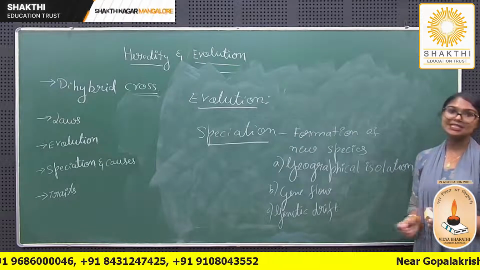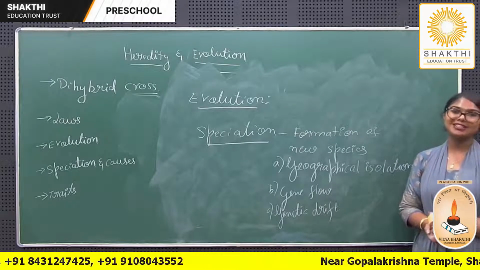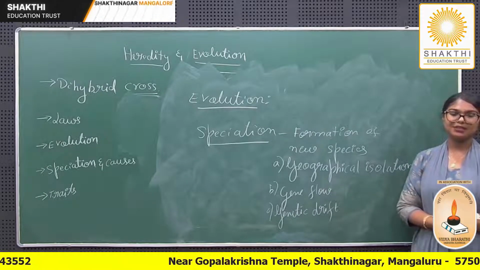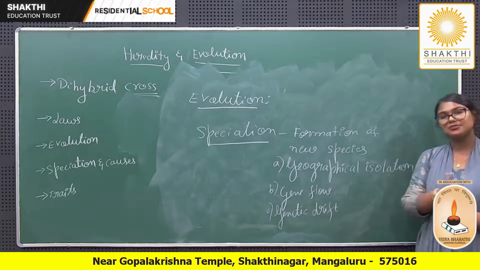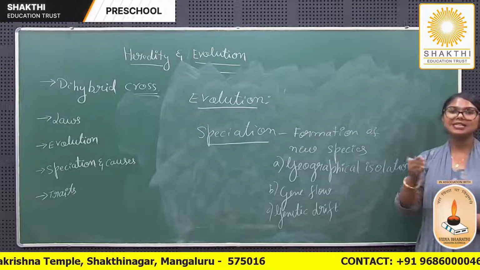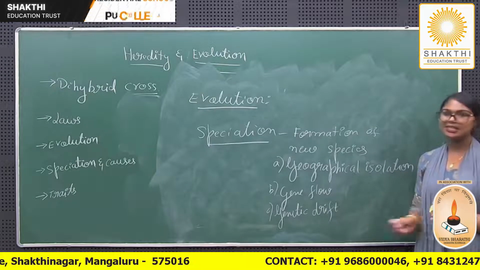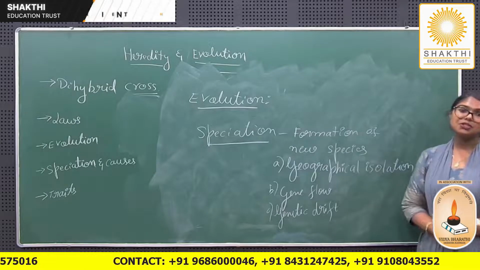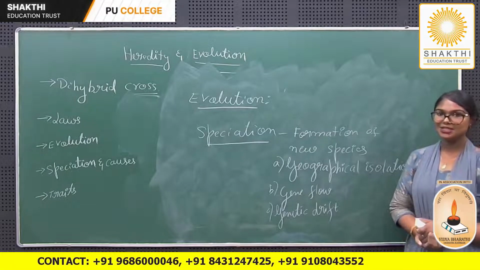What is genetic drift? Again, very easy. When the gene flow happens multiple times, we call it genetic drift. There is a drift in genes. The gene flow is happening again and again, multiple times. We call it genetic drift. These are the 3 points which you're supposed to cover under speciation.